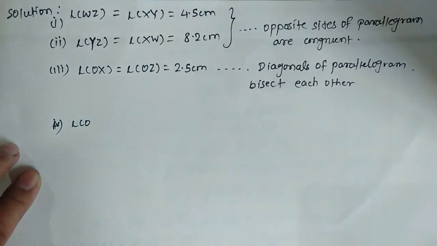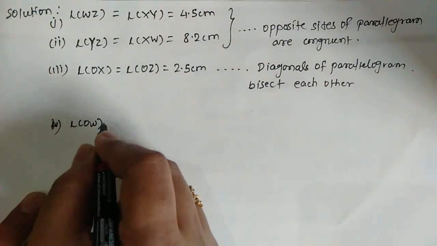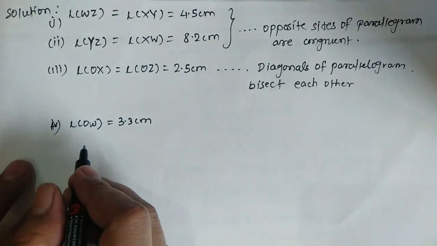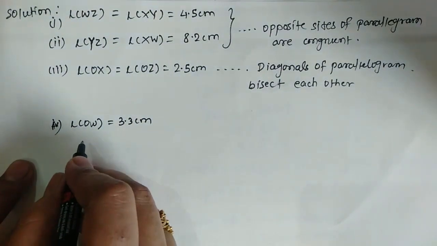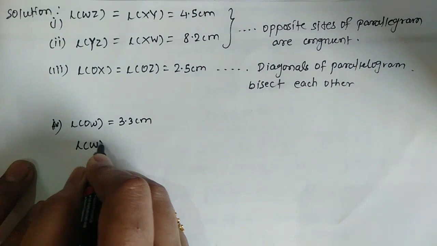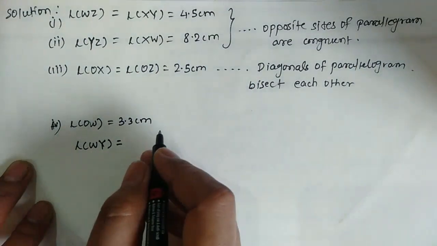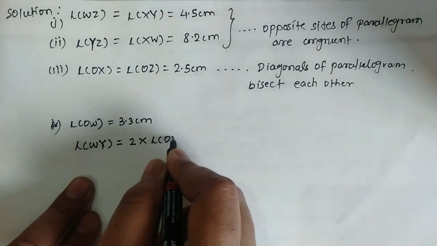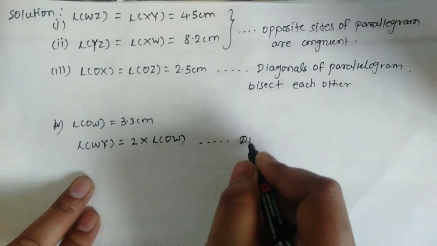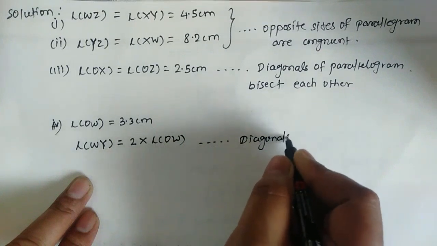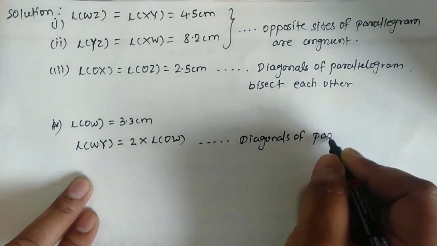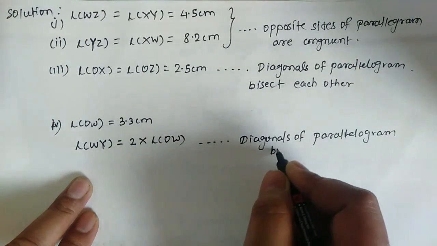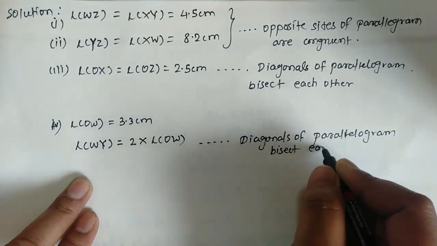Length of OW is equal to 3.3 centimeter. And what is asked? Length of WY is equal to 2 into length of OW, because diagonals of parallelogram bisect each other.